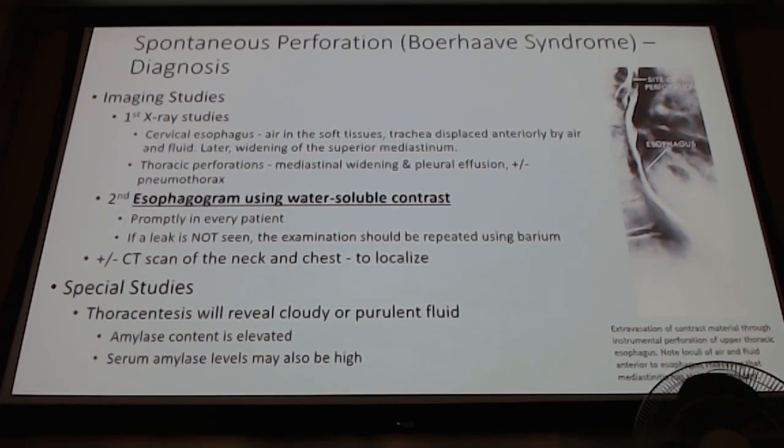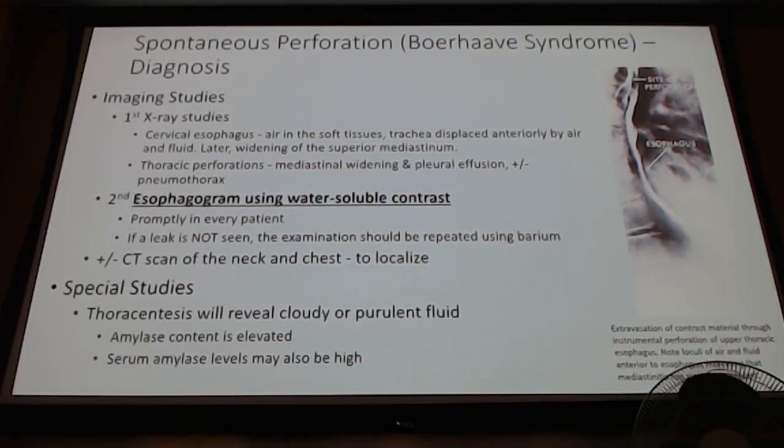All right, how do we diagnose it? First we do the x-rays. Then we do an esophagram with water-soluble contrast. We do it promptly for every patient that we suspect of having a spontaneous perforation. If we do not see a leak, then we can repeat using barium.